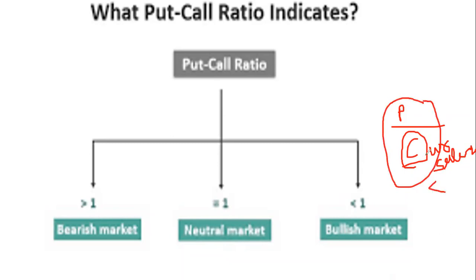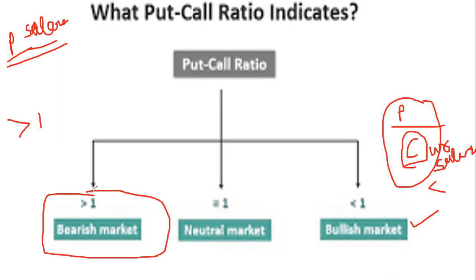Denominator is greater. Therefore, the call writers are powerful. Therefore, the market is bullish. If put call ratio is more than 1, it means the put writers are powerful. Put sellers are powerful. So they will indicate a bearish sentiment in the market.